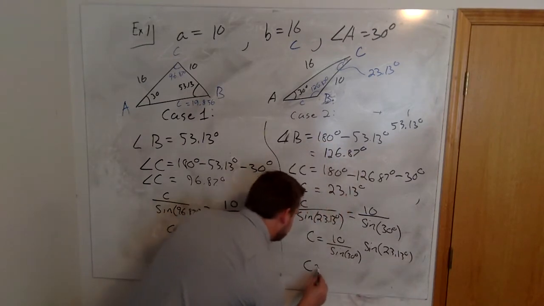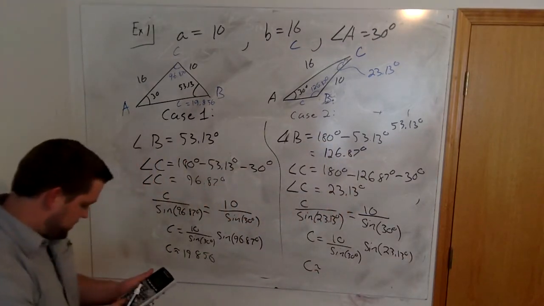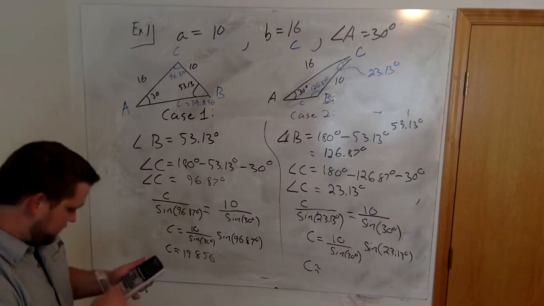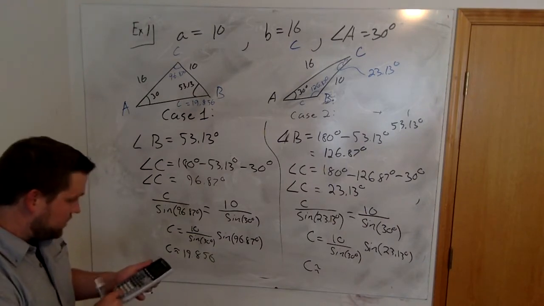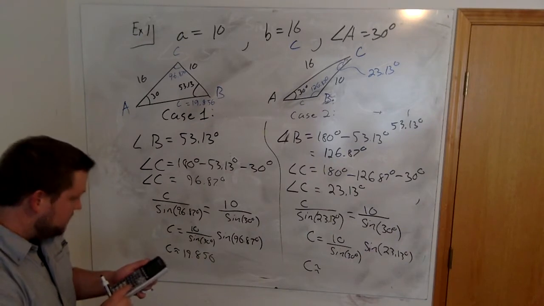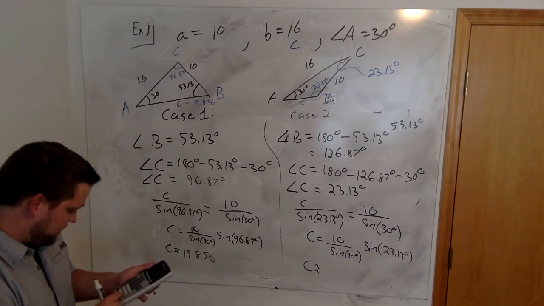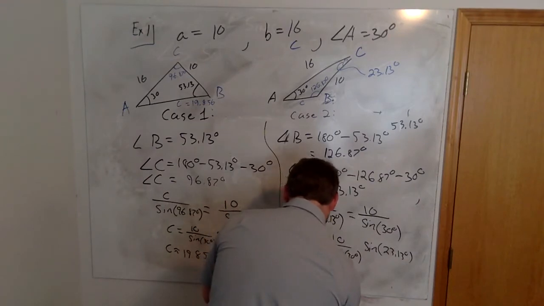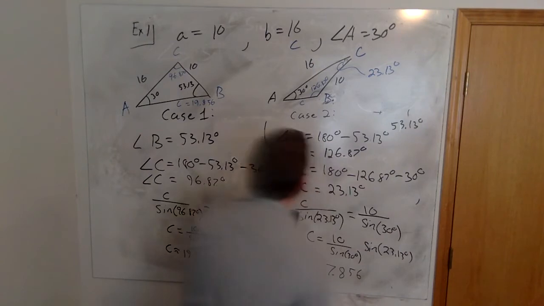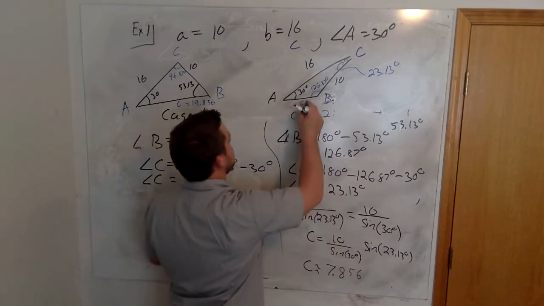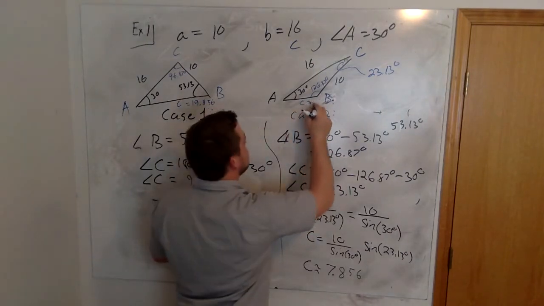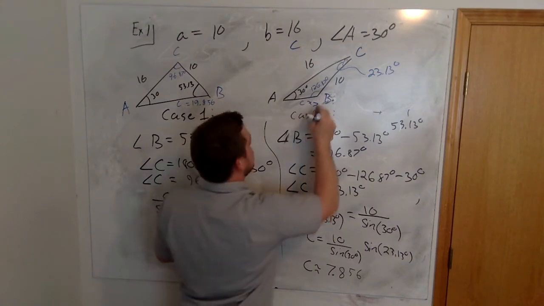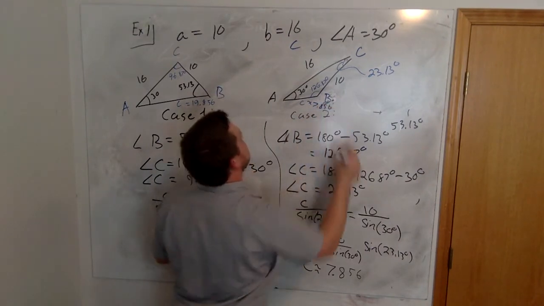So we'll get C in this case: 10 times the sine of 23.13 divided by the sine of 30. So what we get, C here would be 7.856.